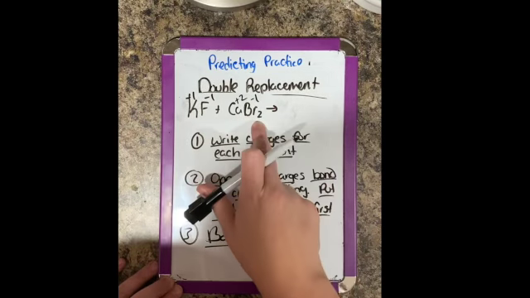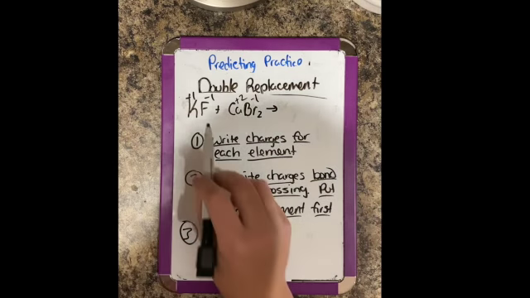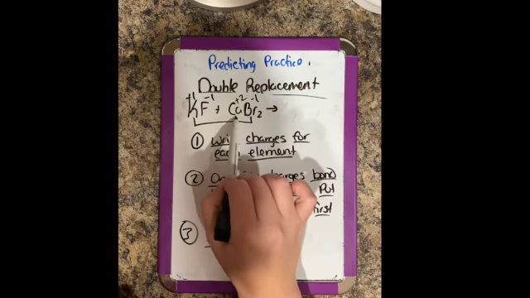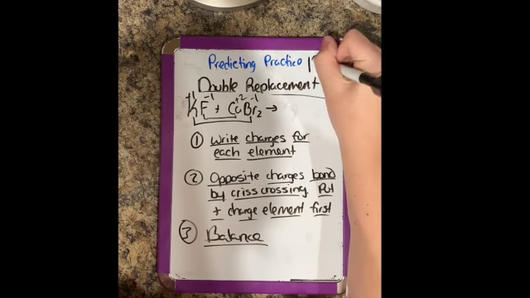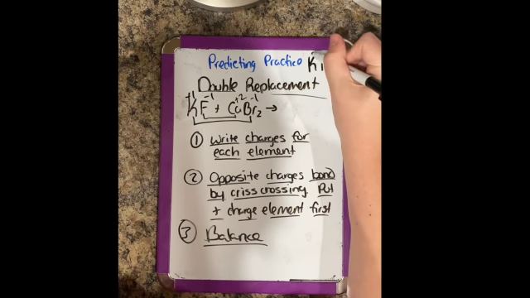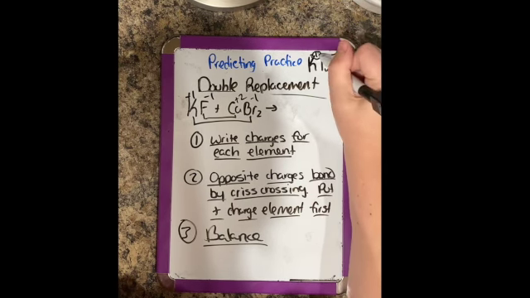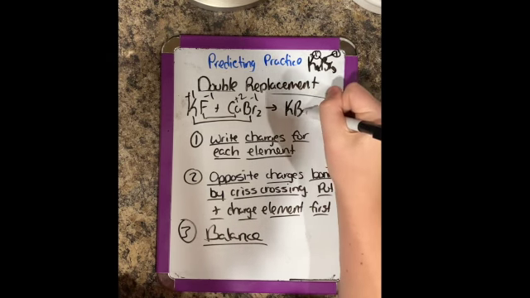Okay, now when making these bonds, do not worry about the subscript. Like right here, Br has a 2. Basically, you just need to ignore that. So this positive is going to bond with the negative, and this positive is going to bond with that negative. So we have K and we have Br. We know K is plus 1, Br is minus 1. When we crisscross, that's just going to be KBr.